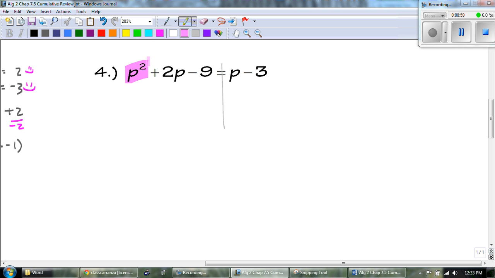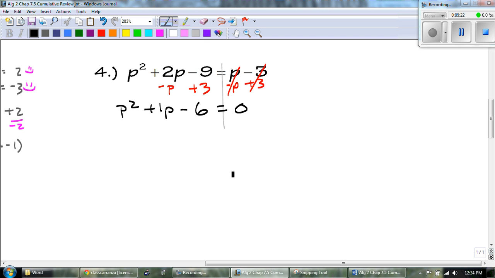Okay, I found our leading coefficient. It's positive, so I'm going to move everything to the left side. Everything on the right cancels. And then we're left with p squared plus 1p minus negative 9 plus 3 is 6.